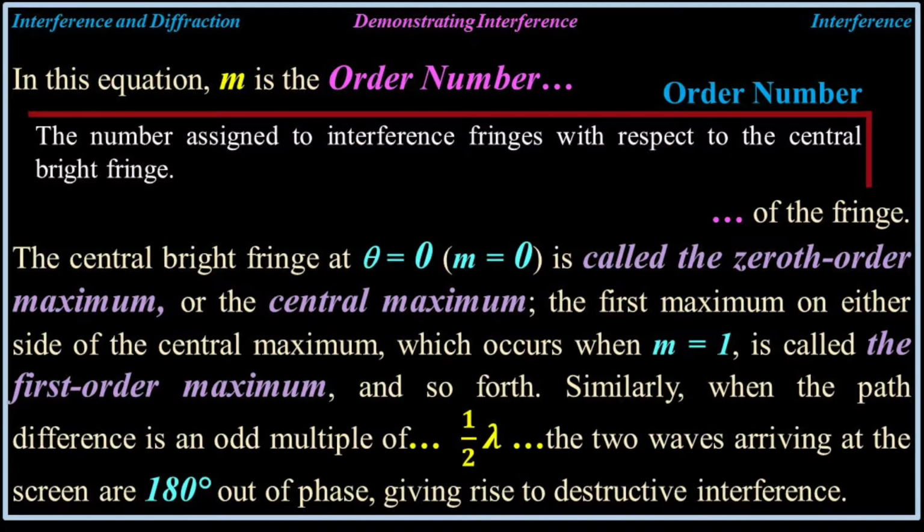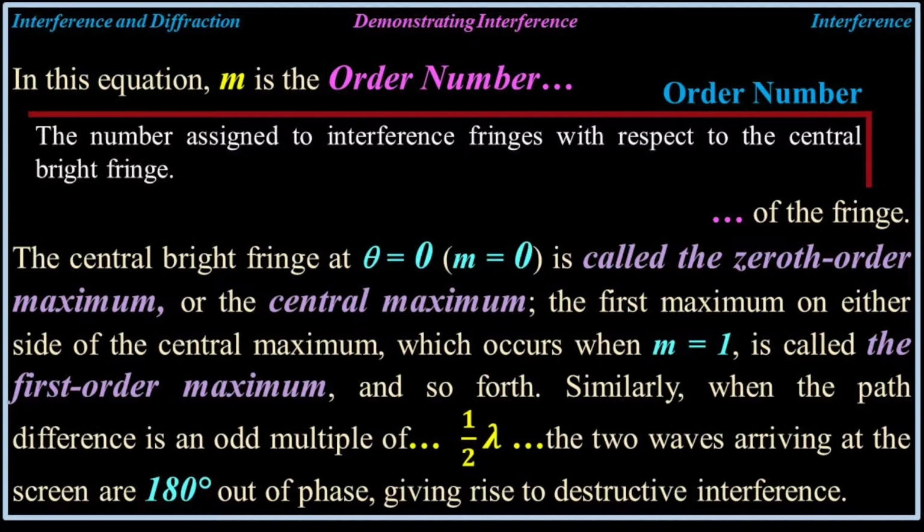In this equation, m is the order number: the number assigned to interference fringes with respect to the central bright fringe. Let me read that again without reading the definition. In this equation, m is the order number of the fringe.